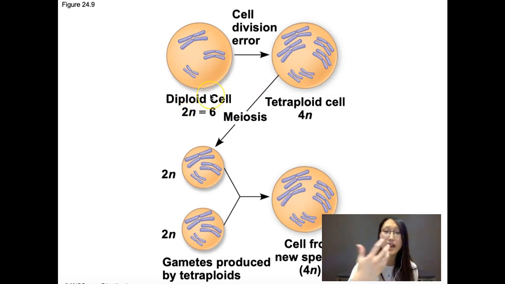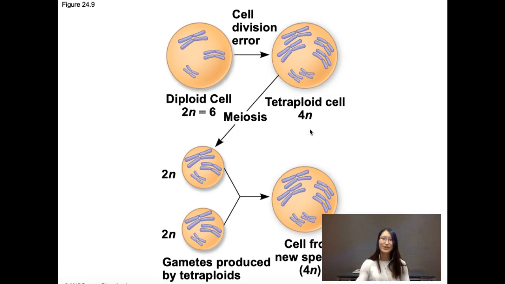And if there's a cell division error, so let's say this is supposed to be meiosis, but let's say these homologous chromosomes were never separated, then you could have a tetraploid cell, right? So if you have these homologous chromosomes not separated, but then the sister chromatids.